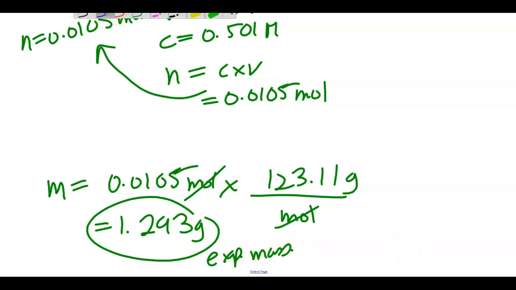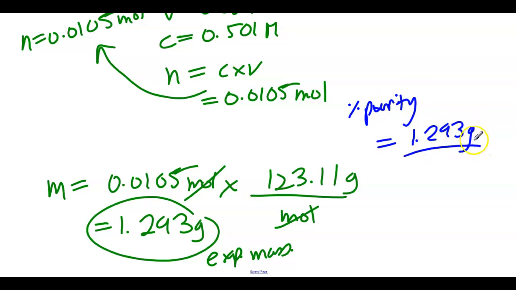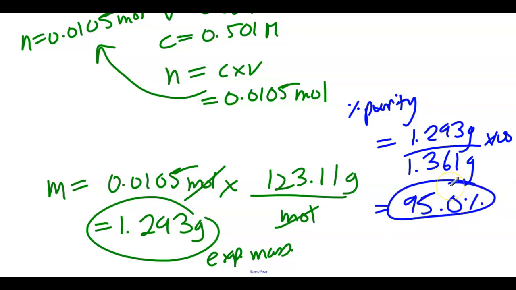For our percent purity, it's going to be 1.293 grams over the original mass, which was 1.361 grams, which will give us a percent purity of 94.98. Do we want 3 sig figs? We want 3 sig figs. So, 95.0%. Okay, so those are all the scenarios.